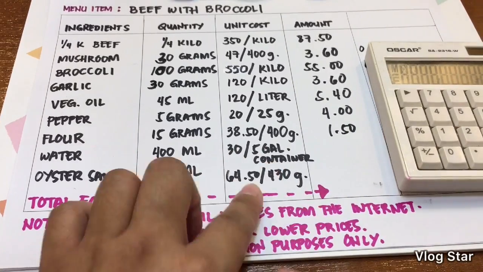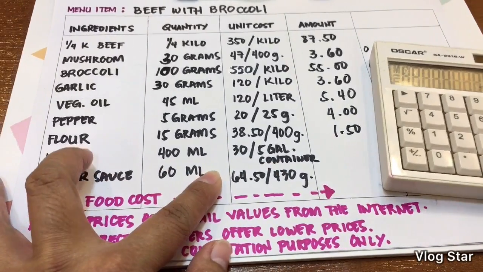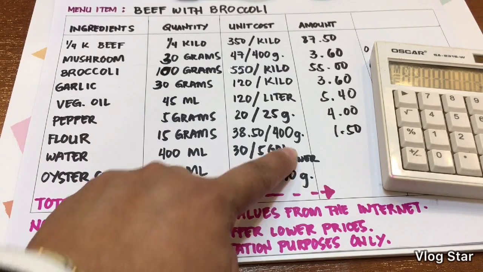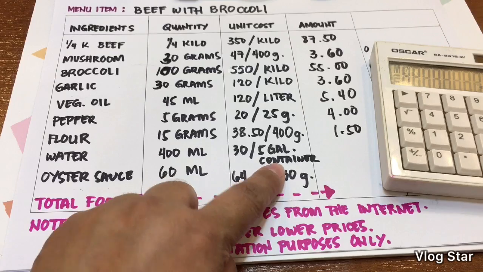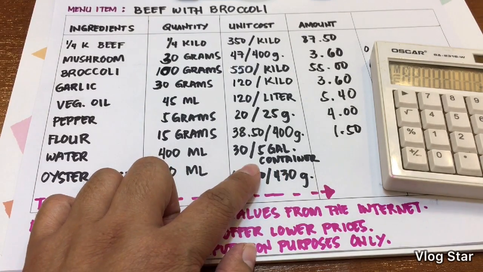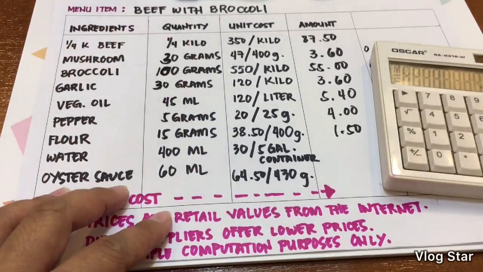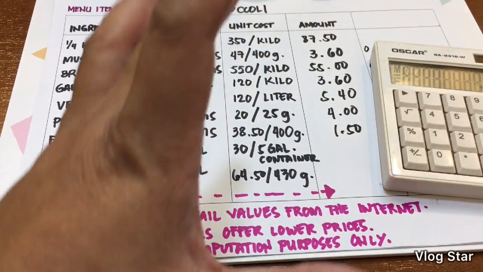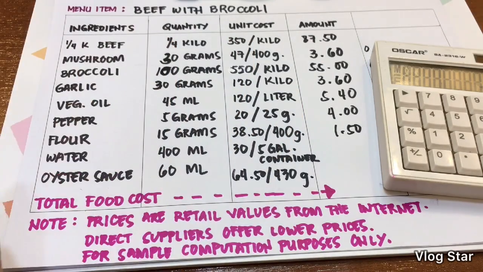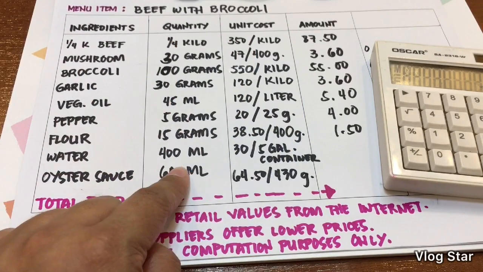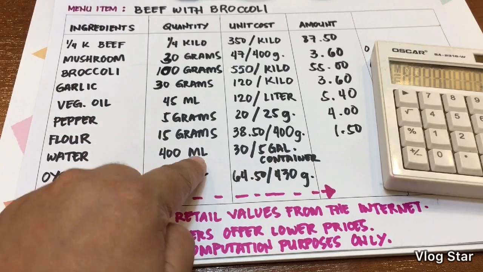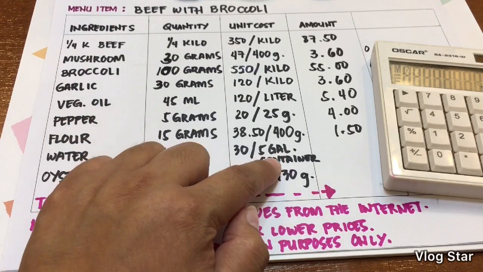Okay, so guys, eto medyo komplikado kasi ml to 5 gallons of water. Yung 5 gallon container, ito yung usually na binibili natin sa mga water refilling stations, yung blue na container. So, yung isang blue container na yon contains 5 gallons of water. So, ngayon, kailangan muna nating i-convert at kailangan natin malaman ilang ml ba ang meron sa 5 gallon container.